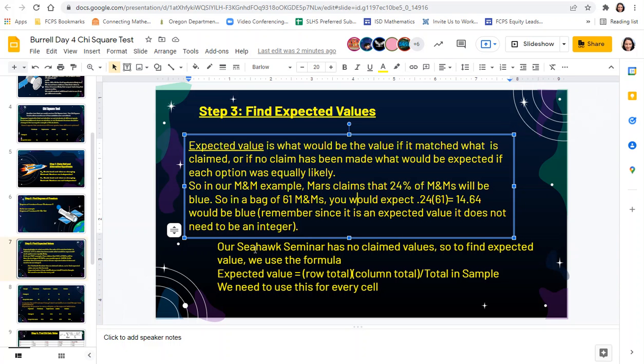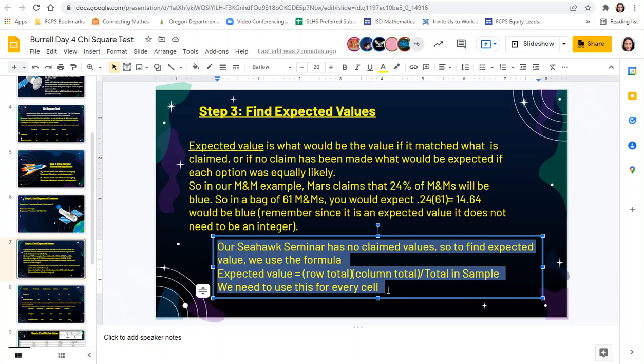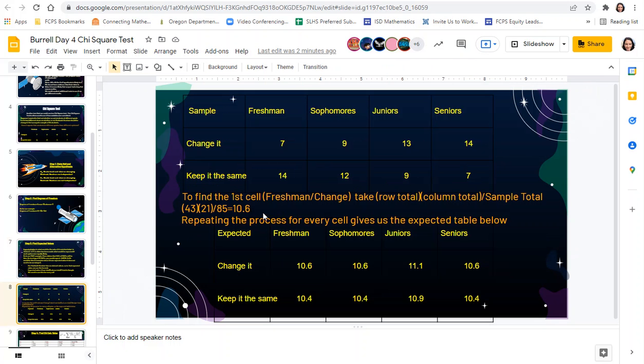And what happens here? So we're going to use a formula on Seahawk Seminar. And this is another example of complicated but not hard. So for this Seahawk Seminar, we're going to go back to your keep it and change it. And actually, I'm going to pause for a minute because I want to put some numbers on here. We need some totals.